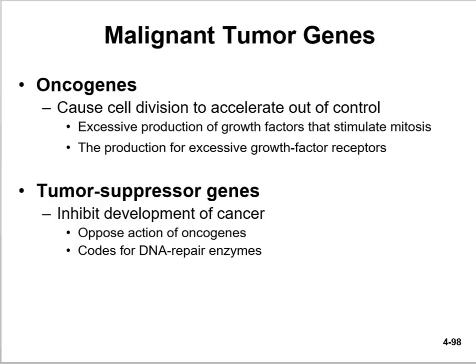But if those genes that control that get mutated, like these oncogenes, then it'll divide out of control, despite what the cell cycle says. Tumor suppressor genes normally are there to stop this from happening, or to make a cell commit suicide if it starts to grow out of control. But if these genes get mutated as well, then there's nothing to stop it.